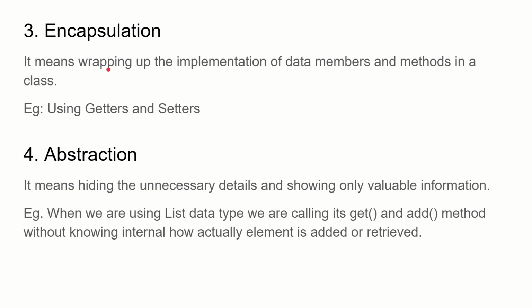This is known as encapsulation. Abstraction. Abstraction means hiding unnecessary details and showing only valuable information. For example, when we are using the List data type, we are calling its get and add methods without knowing internally how the element is actually added or retrieved.